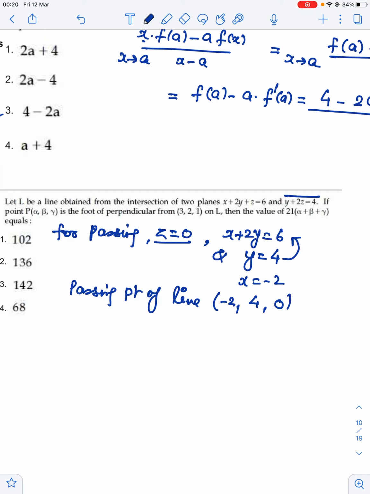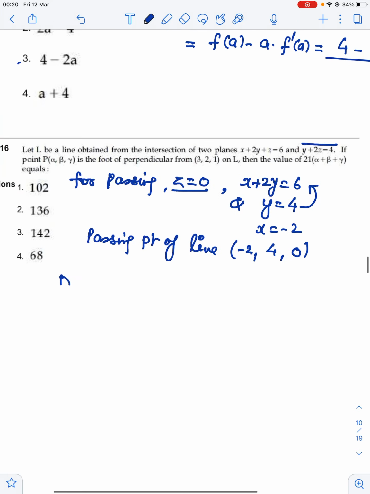Second thing is we have to calculate the direction ratios of the line. The line is perpendicular to the normals of both of the planes. So the direction ratios of the line are given by the cross product of the normals of the planes.